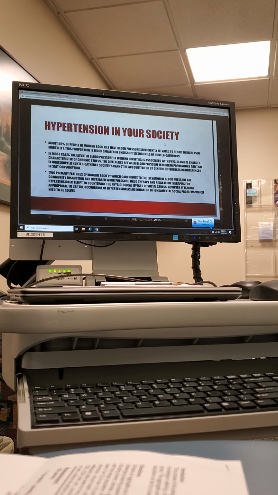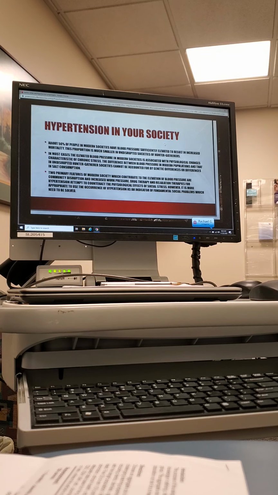Two primary features of modern society which contribute to the elevation of blood pressure are community disruption and increased work pressure, so stress. Drug therapy and relaxation therapies for hypertension attempt to counteract the physiological effects of social stress.